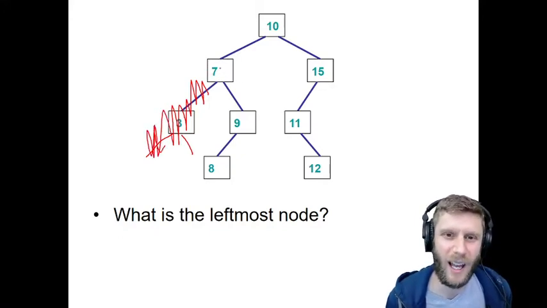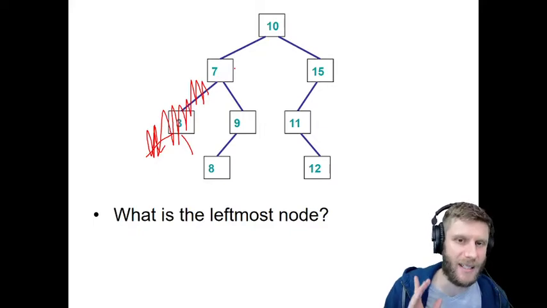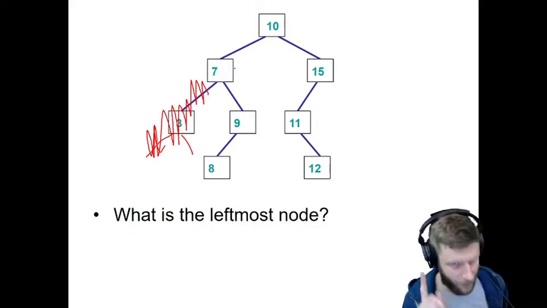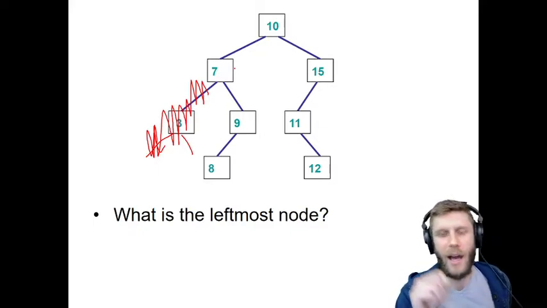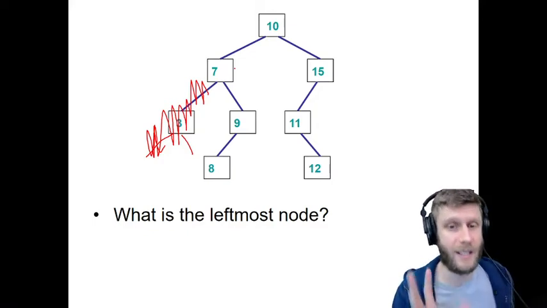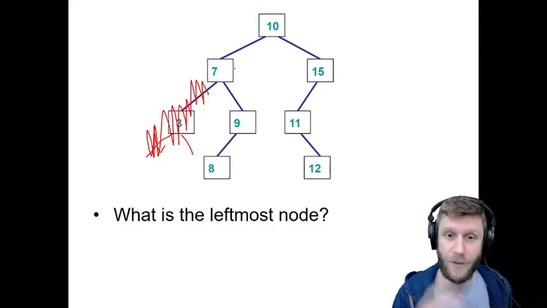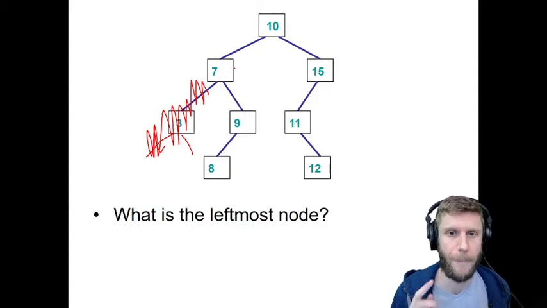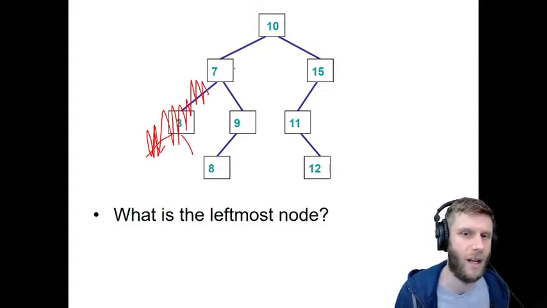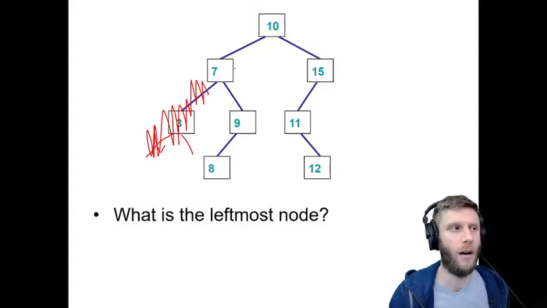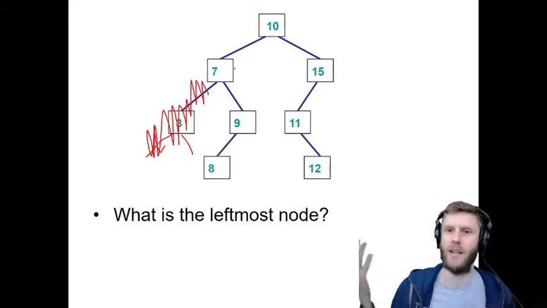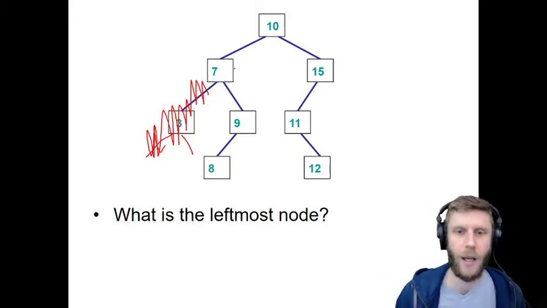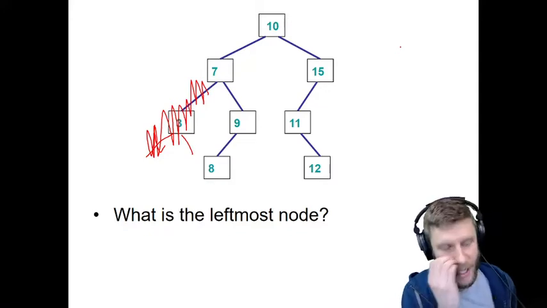Everything that must be less than 7 that exists within this tree, if it is a binary search tree, must be to the left of 7. But nothing is to the left of 7. Therefore, 7 must be the smallest number, right? Let's generalize it.